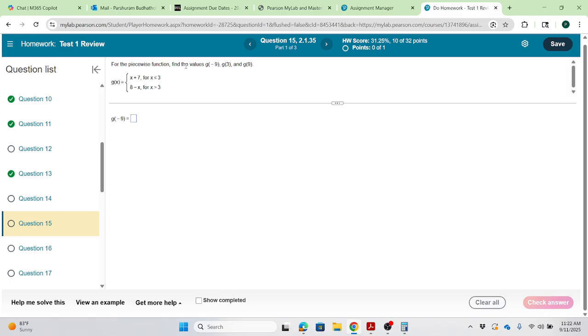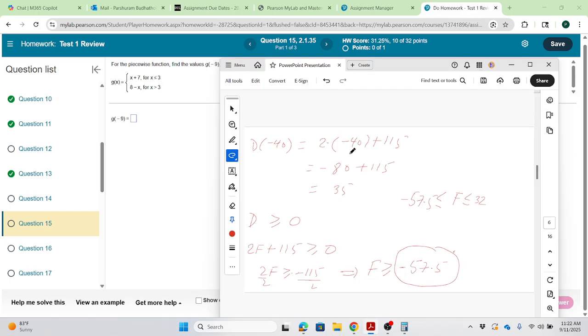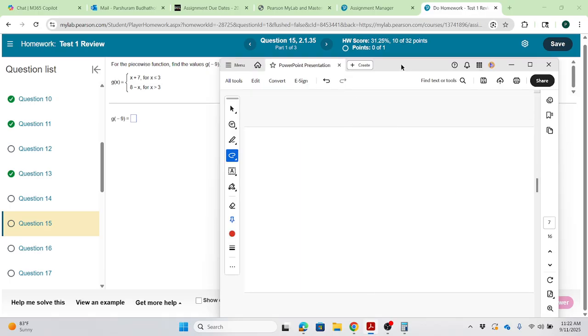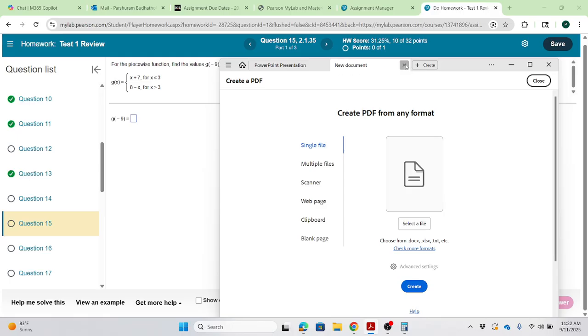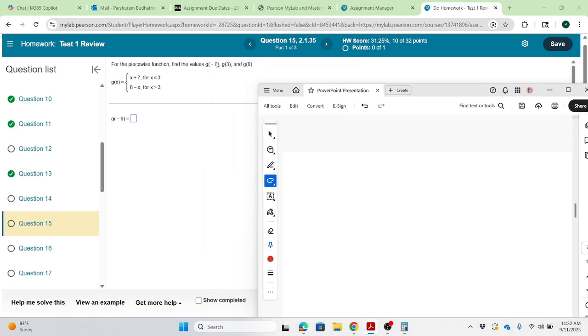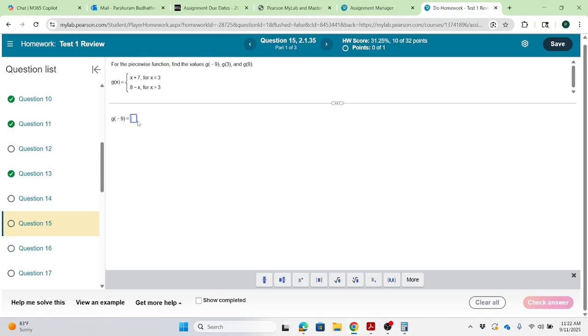For the piecewise function, find the value. To find the value of this piecewise function, you have to be careful and pay attention to the point when x is negative 9. If x is negative 9, you are going to use the first formula. So negative 9 plus 7 is negative 2.